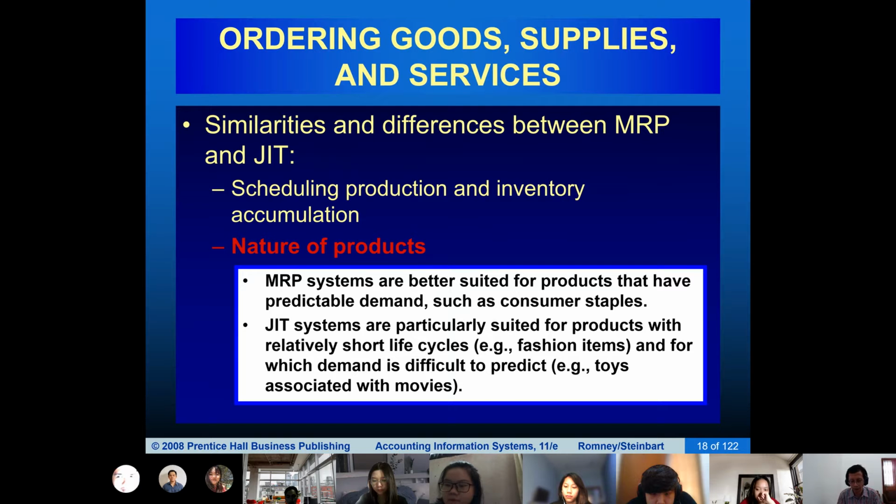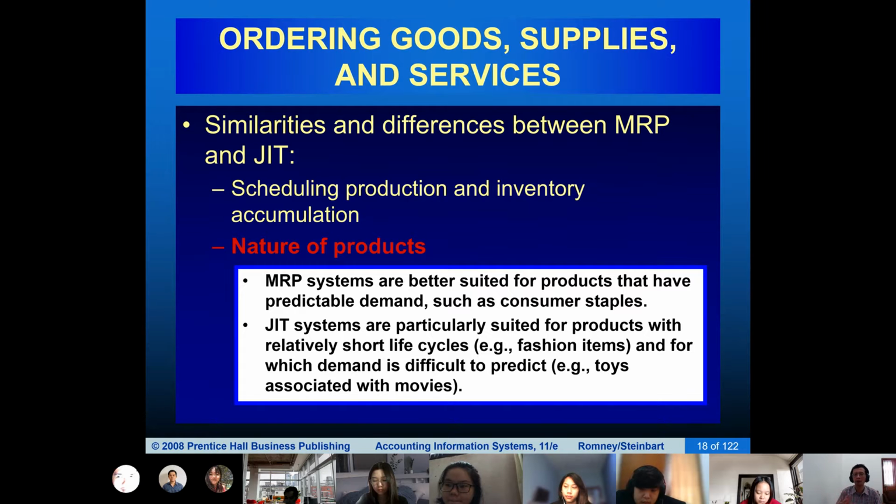However, MRP is better for products that have predictable demand, such as consumer staples, rice for example. We could not produce rice after somebody ordered it. If I order 1 ton of rice and you immediately go to the rice field and grow rice, it's not worth it that way.